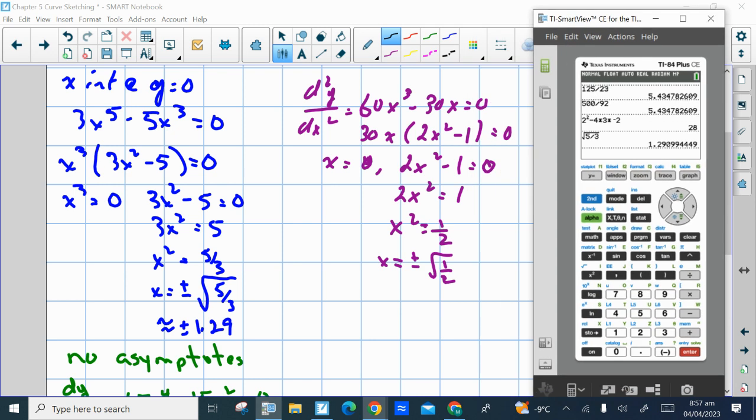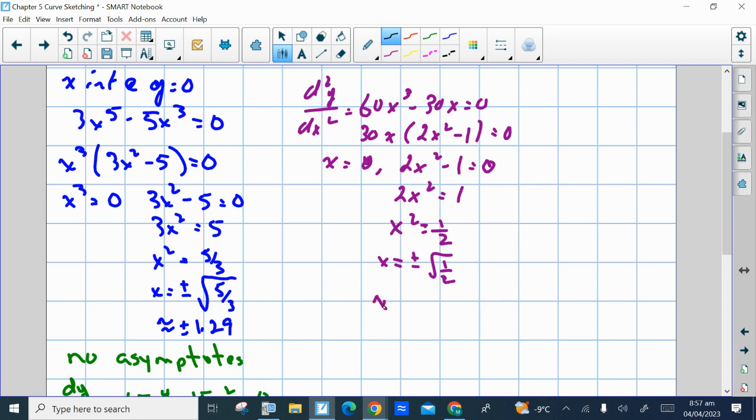So we'll need to know approximately what those values are so that we can set up our number line. The root of 1/2 is approximately 0.707. Plus and minus 0.7.